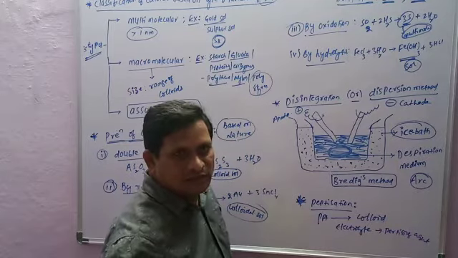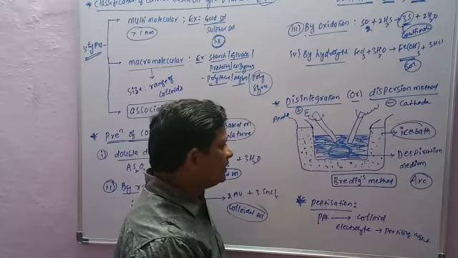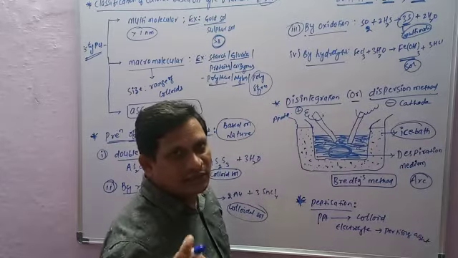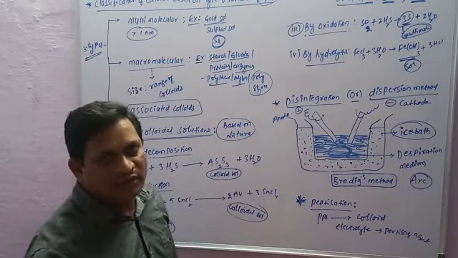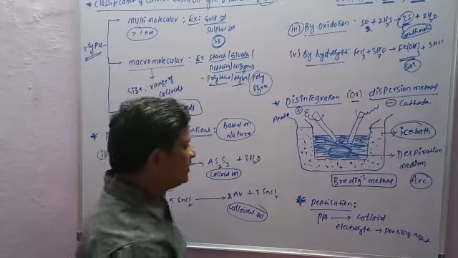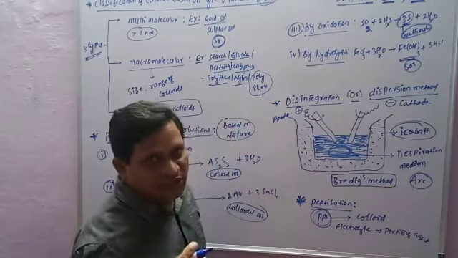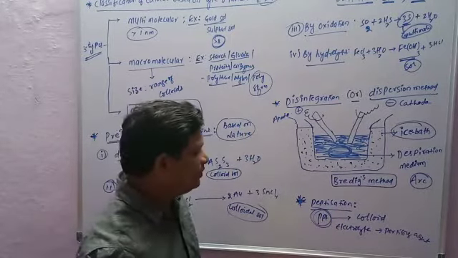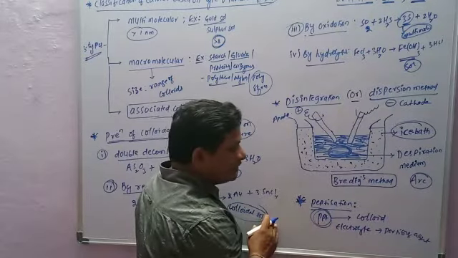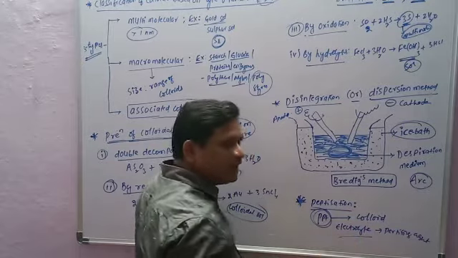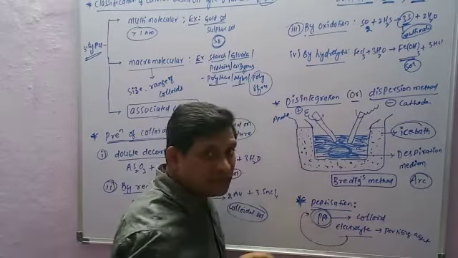This is the insoluble compound. Precipitation means an insoluble compound obtained at the bottom of the container. Peptization means that to the obtained precipitate, one electrolyte is added.